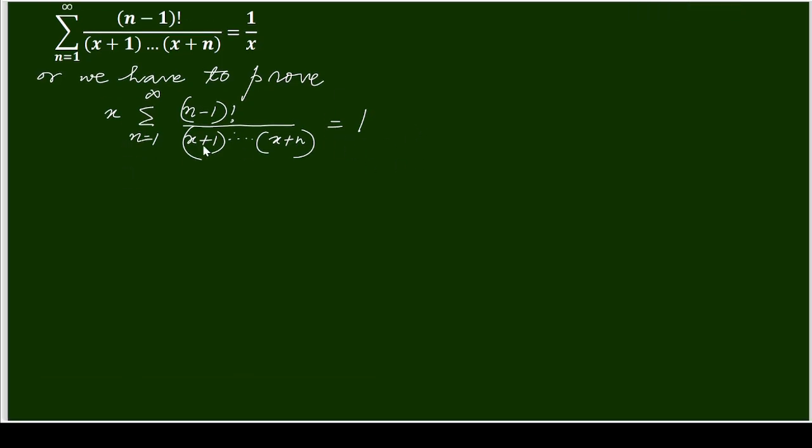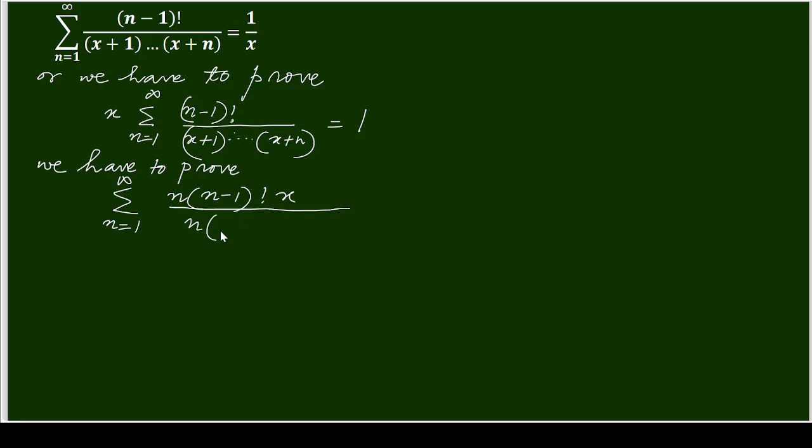Or again, I am rearranging this question. We have to prove the summation of n equals 1 to infinity, multiplying by n both in the numerator and denominator, it will be x plus 1 up to x plus n equals 1.